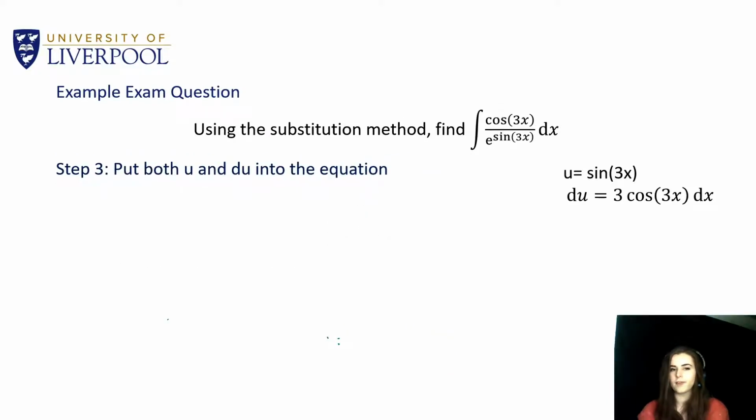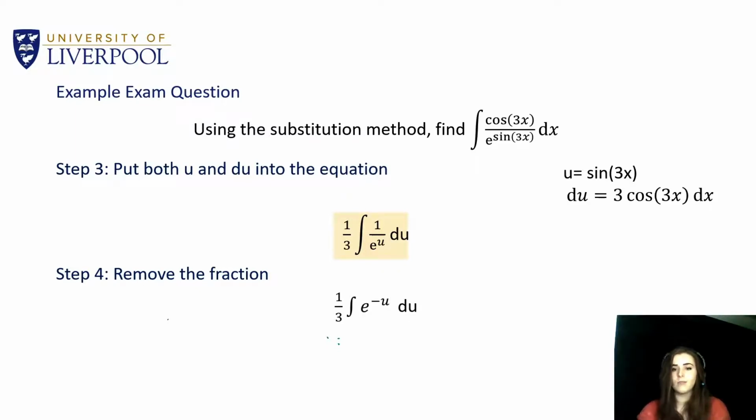Continuing step 3, we can now substitute in du, so we get a third of the integral of 1 over e to the power of u du. What we have to do next in order to make this easier for ourselves is remove the fraction, because it's a bit difficult, and we can put this in terms of a power, which is a third of the integral of e to the power of minus u du.